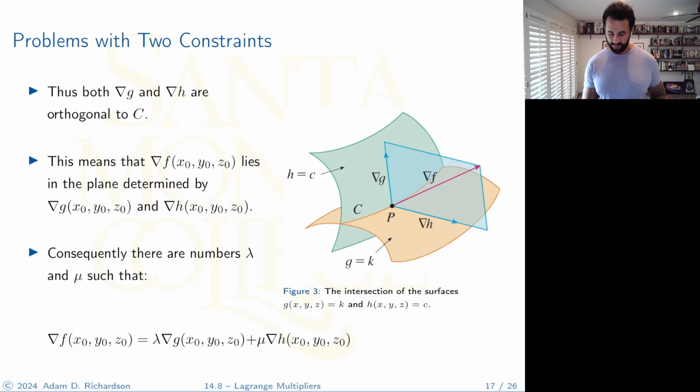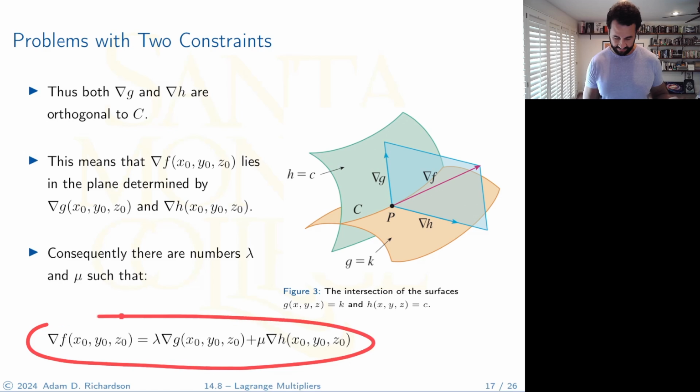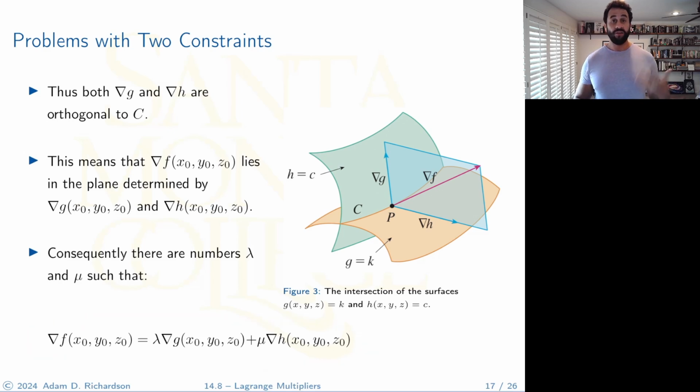And so what we can do is scale each one, add the results, and describe F, I'm sorry, gradient of F, in that way. That's really what this is saying. So long story short, gradient of F is a linear combination of the gradients of G and H. Lambda is this Lagrange multiplier, mu is this Lagrange multiplier, and there we go.